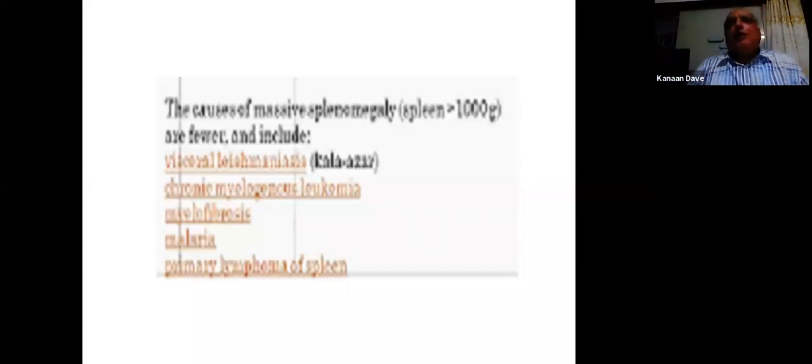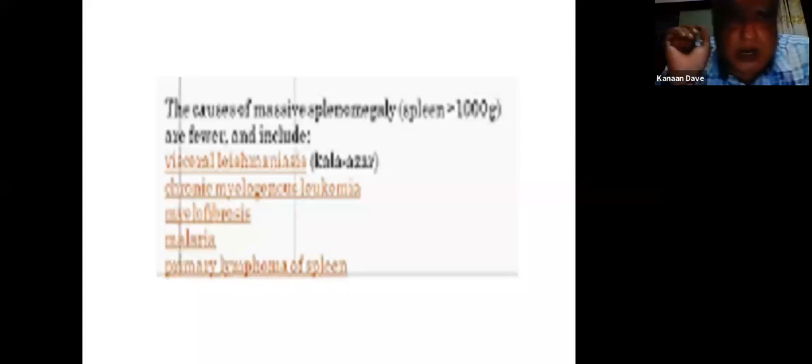And then when we have lymphomas that arise from the spleen, there are a number of B-cell lymphomas that can arise from the spleen, and these patients can present with massive splenomegaly. So these are 5 conditions that you must have at the back of your mind when you are seeing a patient with a massively enlarged spleen. Many of these patients, the spleen will cross over from the umbilicus into the right iliac fossa.